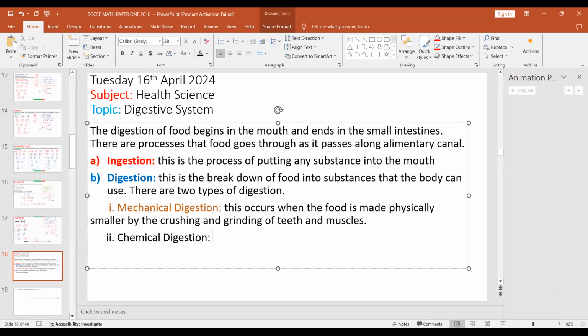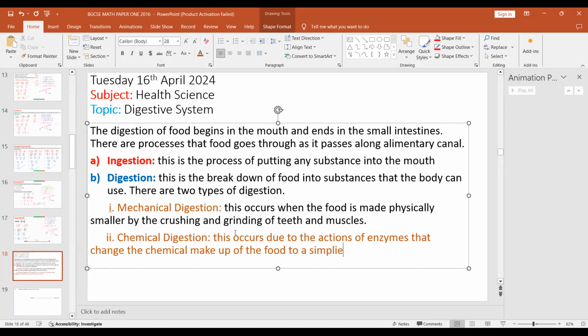Chemical digestion occurs due to the actions of chemicals, enzymes, that change the chemical makeup of the food to a simpler substance. All right.